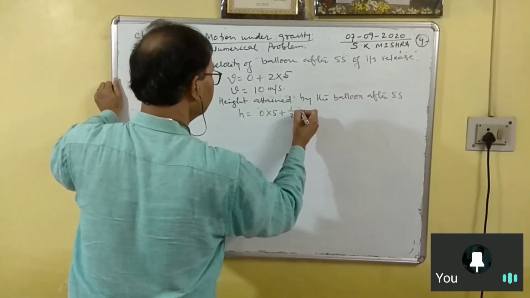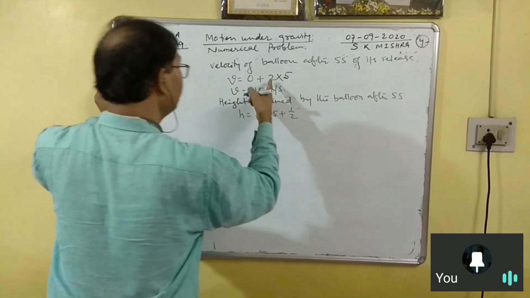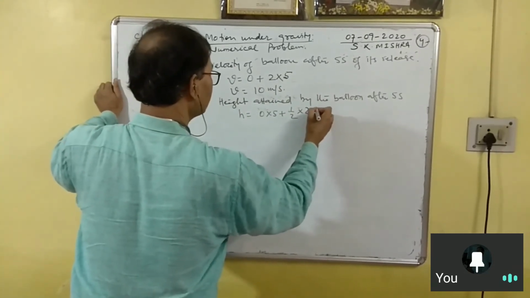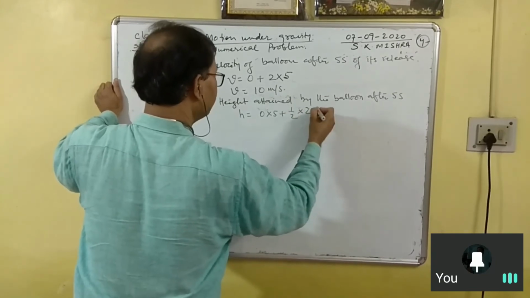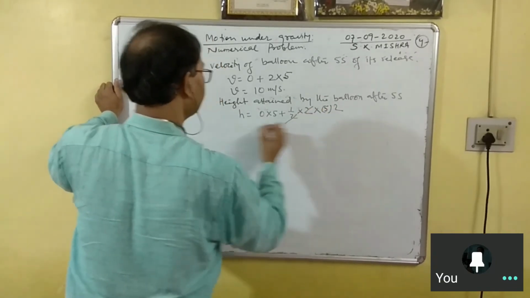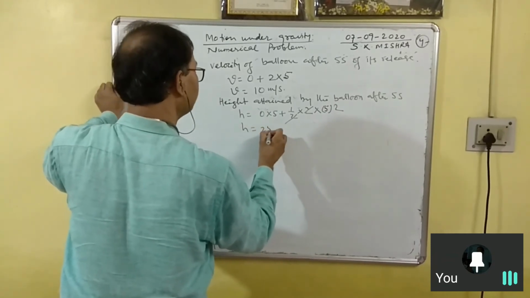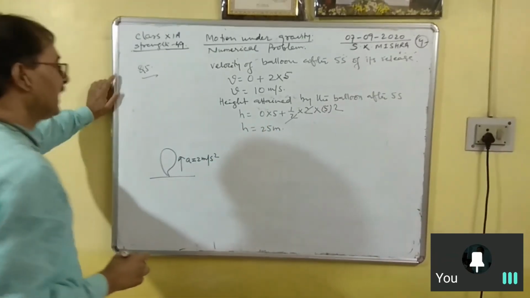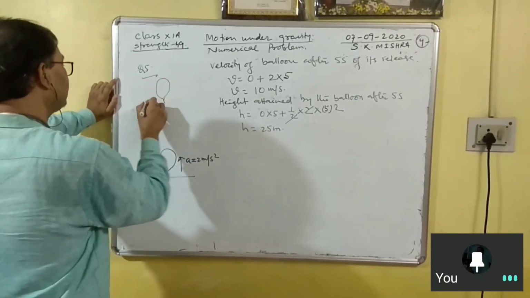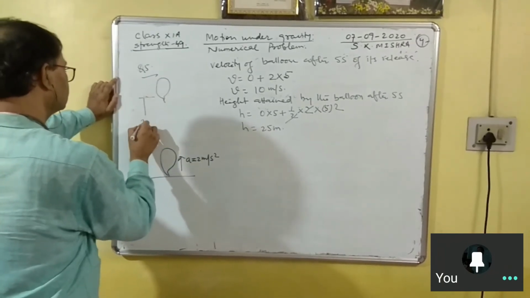Tell me the height. Don't take g, acceleration is 2, half a t square, t is 5. So h is equal to 25 meter. So at that time the balloon was at a height of 25 meter from the ground.